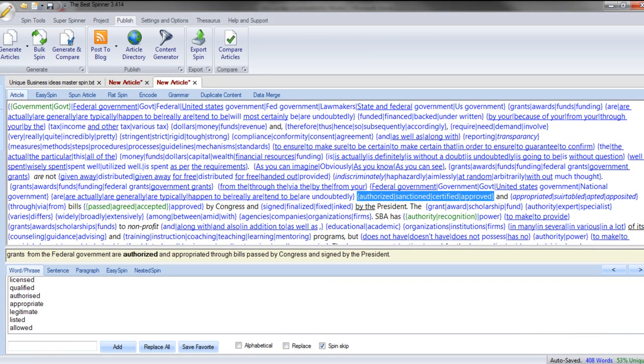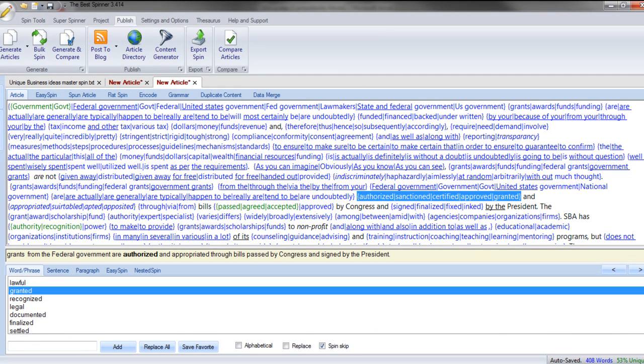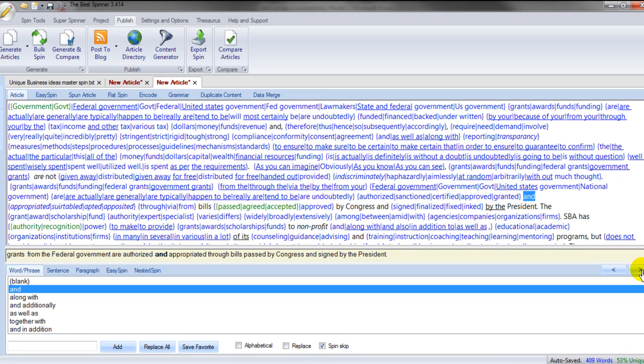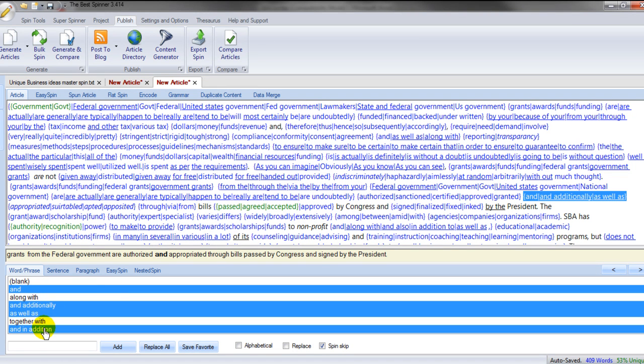Let's see if there are more. Endorsed. Are granted, maybe yes. Granted. And authorized, and additionally, as well as, and in addition.